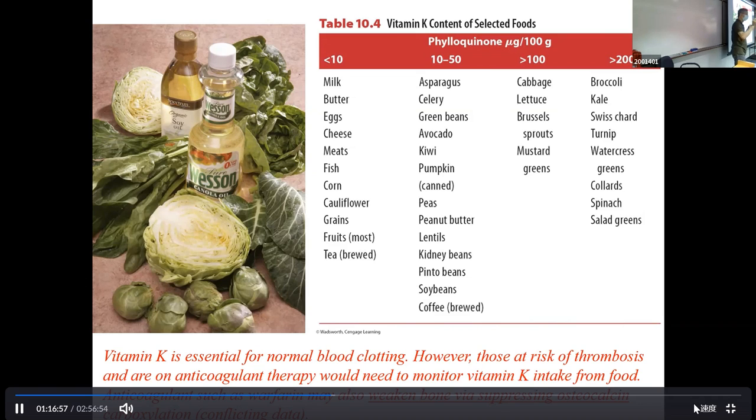That again refers to the people who are taking the anticoagulant therapy, because this is anti-vitamin K, and therefore they may have a decrease in carboxylation. But this is a rather controversial and more recent observation. I just want to indicate it to you.